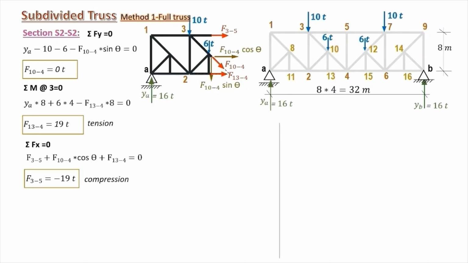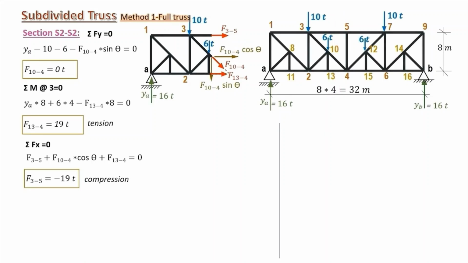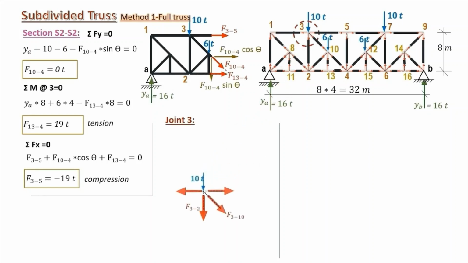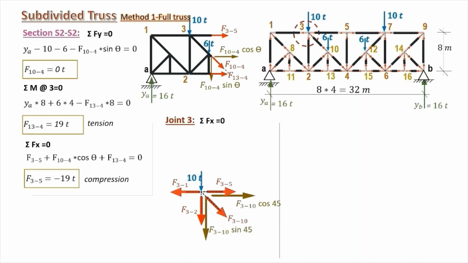We proceed with our truss here, and we move to our joints to take joint 3, and we extract it here. We start with the equilibrium equation. Sigma forces in the x direction equals 0.